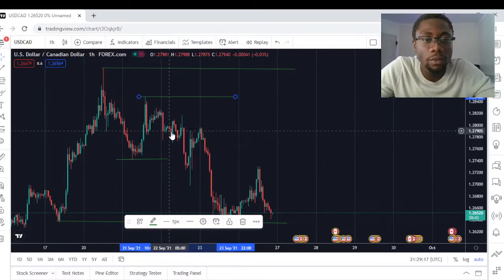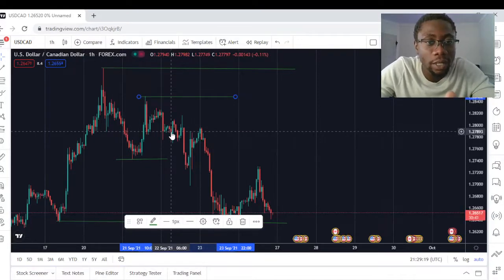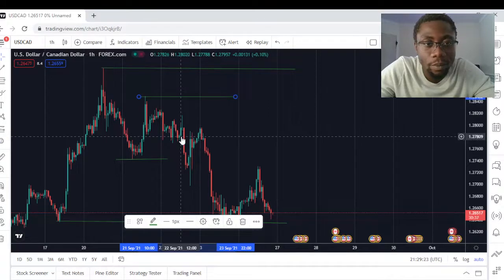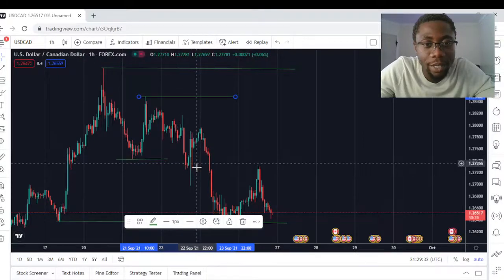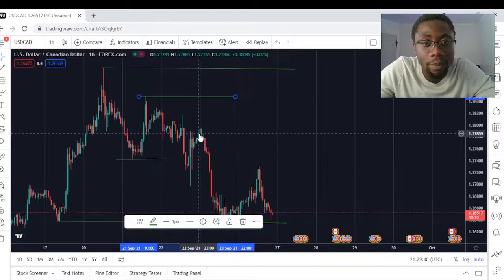So we've seen several moves along this area, where price eventually comes back down to near this level and ends up breaking through it and shooting way below it and coming back up to break above it yet again.